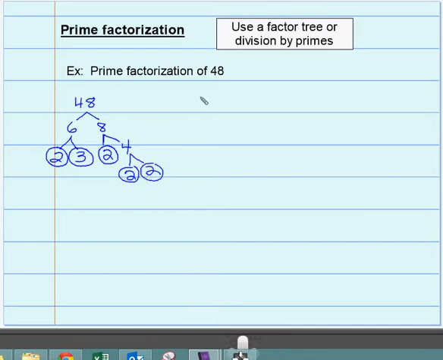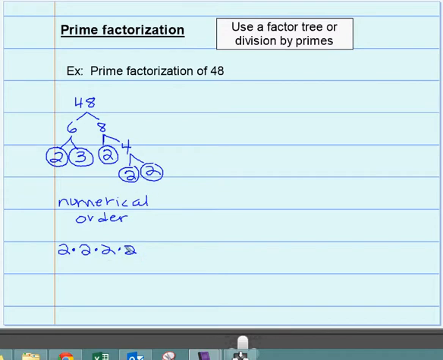So the prime factorization of 48, when I do factor tree, I'm going to list this in numerical order. And we're going to put 2 dot, that's the dot multiplier, 2 times 2 times 2 times 2.